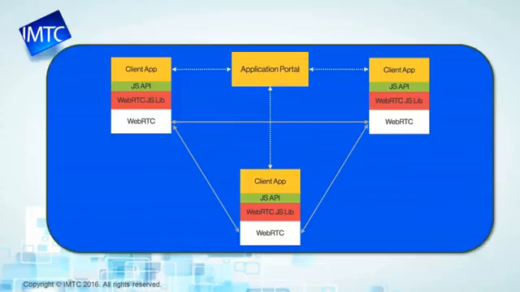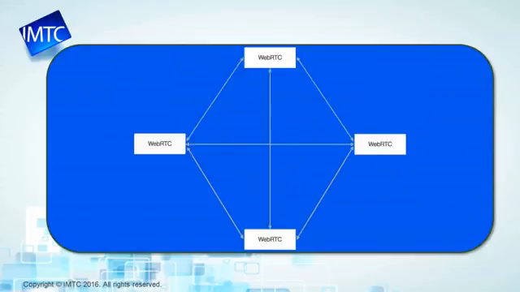But if you go to 4, you start realizing that the overhead of transmitting data from each endpoint becomes very significant. Bandwidth is an issue, and NAT traversal is another issue. So this quickly gets out of hand. This is a problem that's been very well known in the video conferencing industry for many years, and the way to solve it is typically to use a server in the middle.